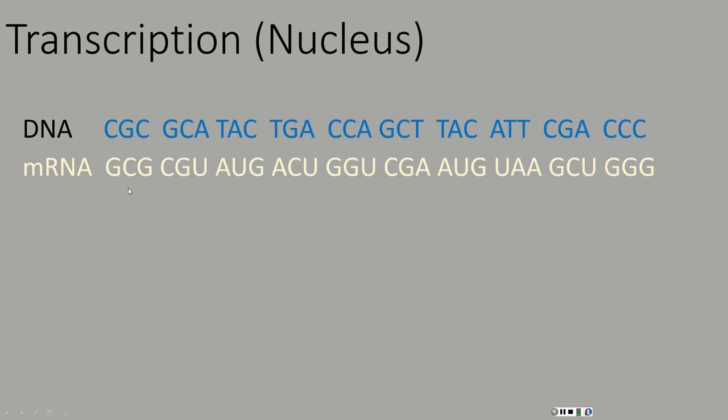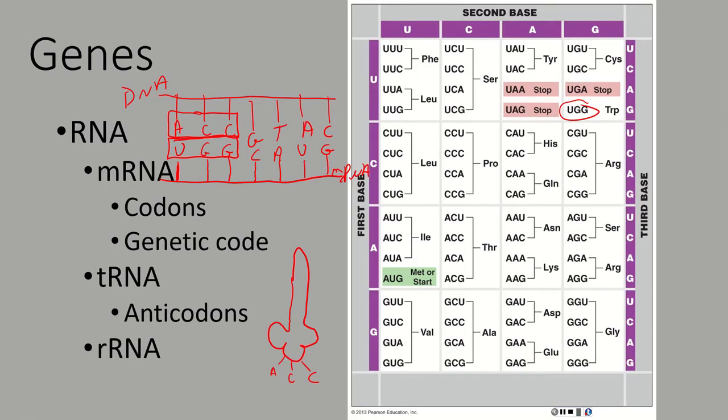So when we read GCG, the ribosome isn't on yet, it just slides along. We read CGU, the ribosome isn't on yet, it just slides along. And then we get to AUG, and that tells the ribosome, start making protein here. And what else does the ribosome do? It lays down methionine.